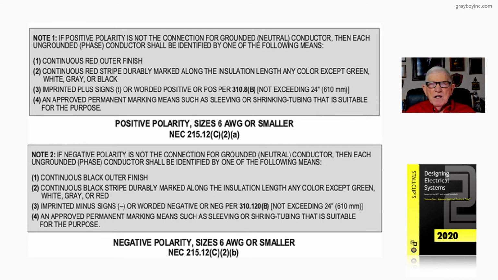So what they're saying here is that DC circuits now require identification or coloring as well as the AC, but you can't use the AC method of 310.10, say, to identify the DC circuits, and that's what this illustration is pointing out to you, 15-16.